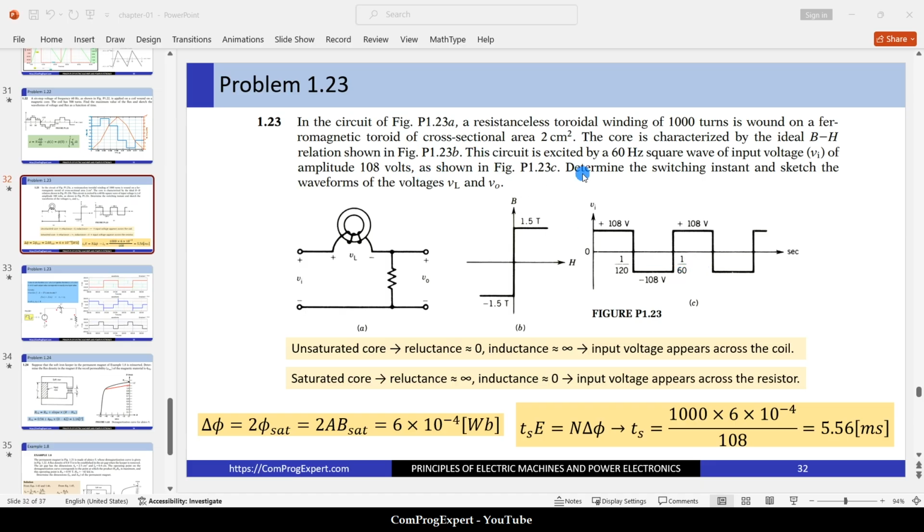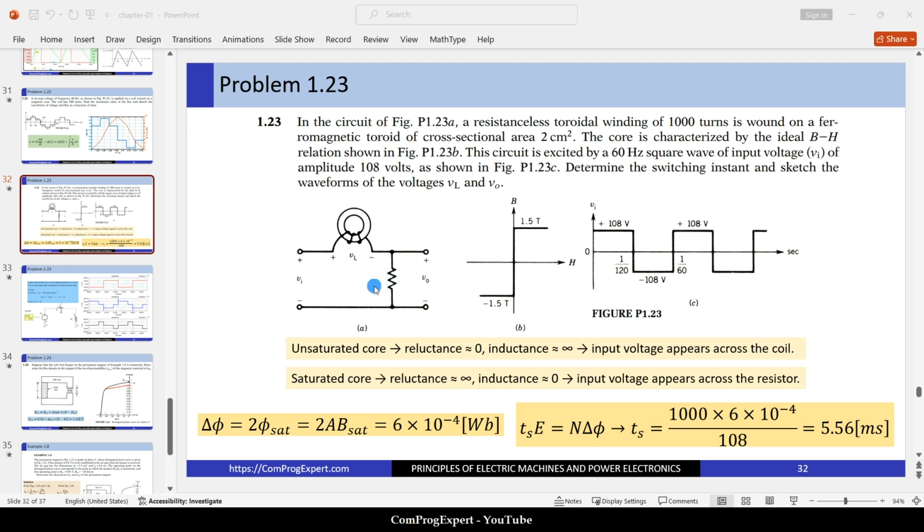So determine the switching instant and sketch the waveforms of the voltage VL, the voltage of the inductor, and the output voltage, the voltage of this resistor.